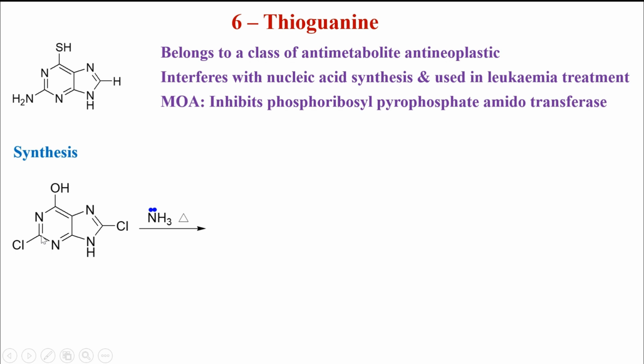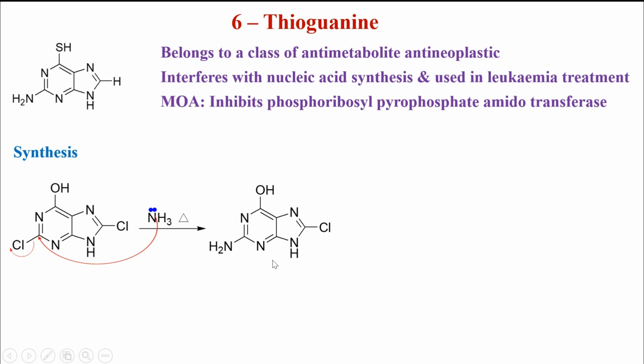And here this is the positive center that is flanked between 3 electron withdrawing groups, chlorine and 2 nitrogens. It attacks the electron deficient center. Chlorine is an easy leaving group. It is lost as chloride, as HCl, and it gives rise to the corresponding amino group attached to the pyrimidine ring system.